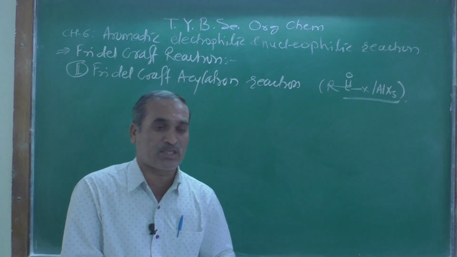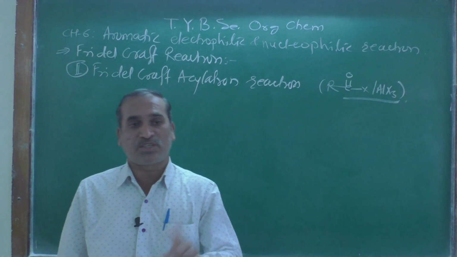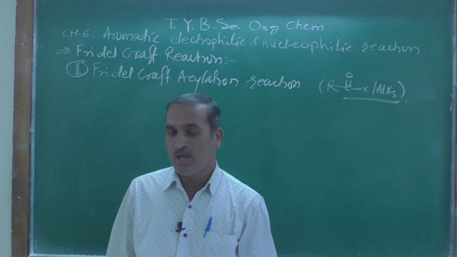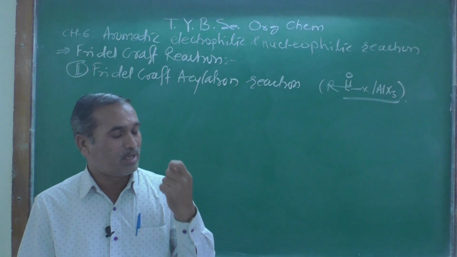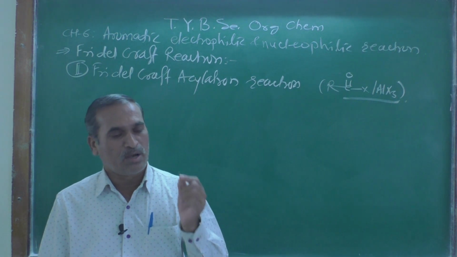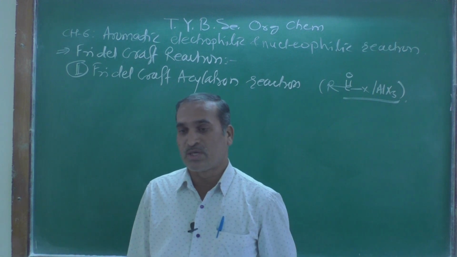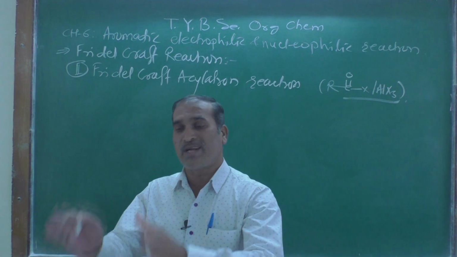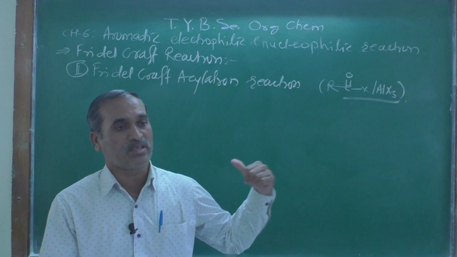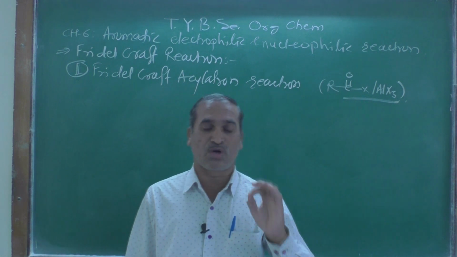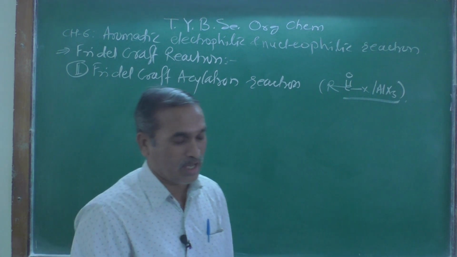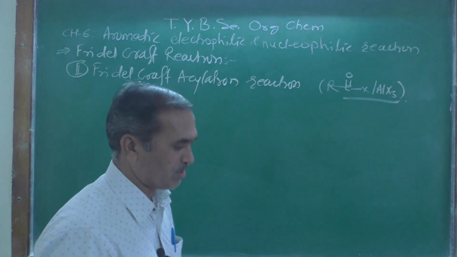That is why Friedel-Crafts acylation is superior to Friedel-Crafts alkylation, because in alkylation we have seen two serious drawbacks: number one is polyalkylation and number two is polymerization. To avoid polyalkylation or polymerization, another method was discovered, called Friedel-Crafts acylation, which is superior to the alkylation reaction.